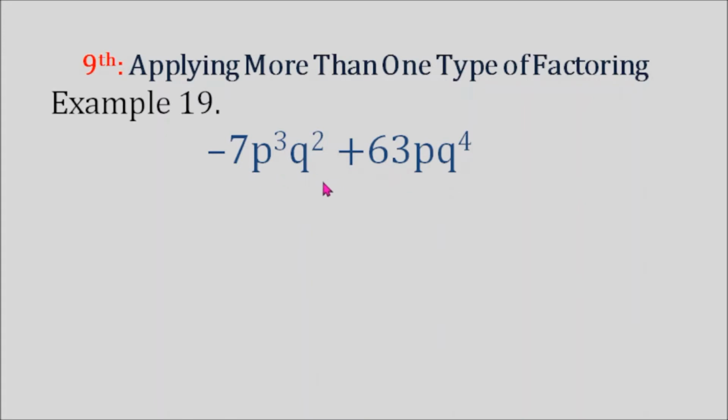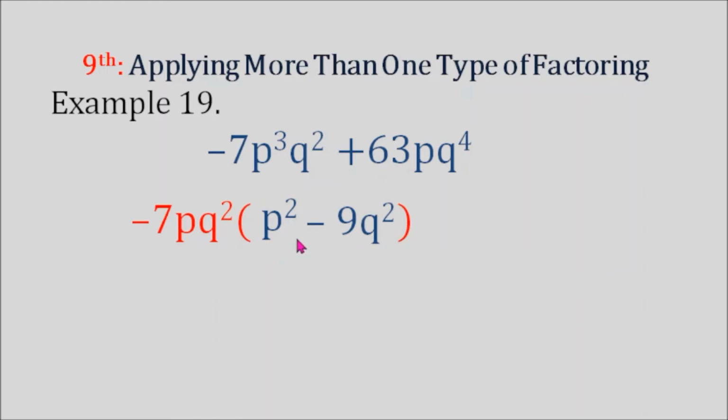The greatest common factor between the two terms is negative 7p q squared, and then negative 7p cubed q squared divided by negative 7p q squared equals p squared, and 63pq to the power of 4 divided by negative 7p q squared equals negative 9q squared.